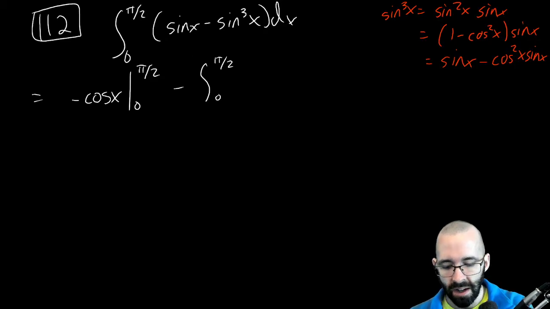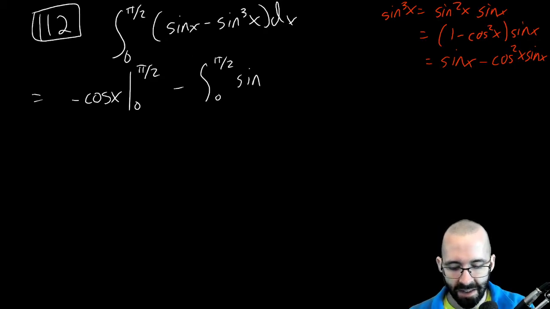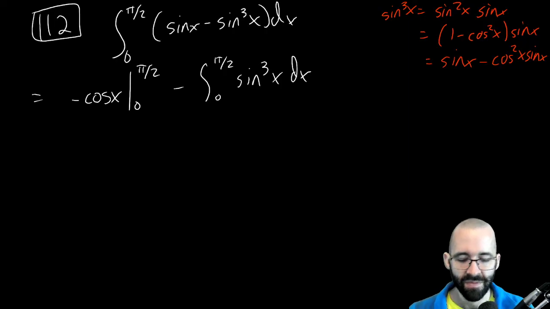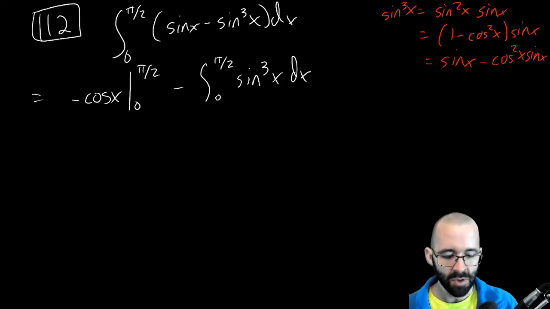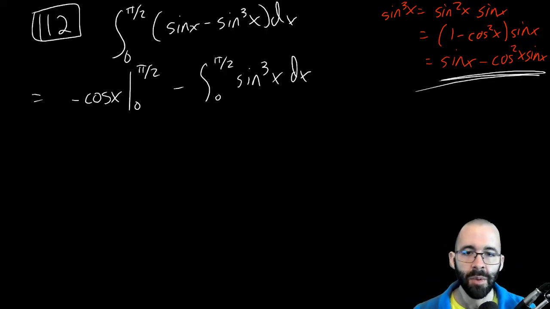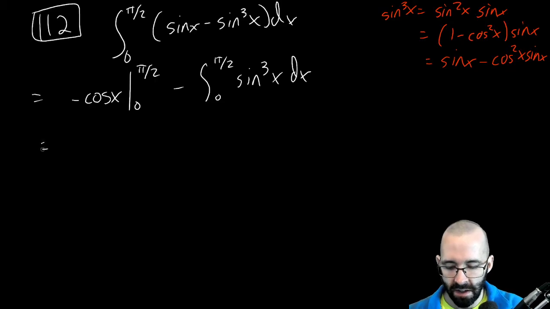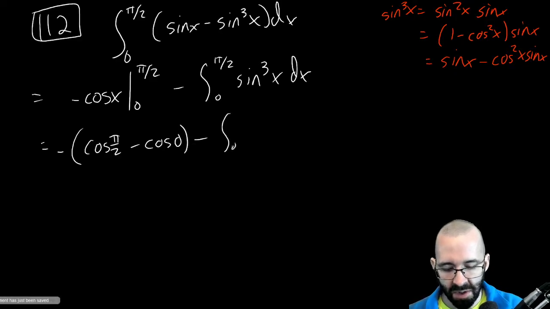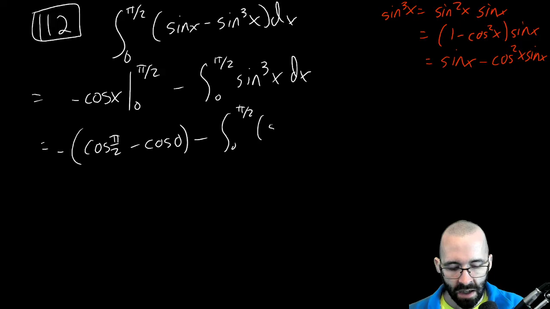So, all right, let's really not skip too many steps. We'll just replace the sine cubed with this, and we know the integral of that. So this becomes negative cosine of pi over 2 minus cosine of 0, minus the integral from 0 to pi over 2 of sine of x minus cosine squared of x times sine of x.